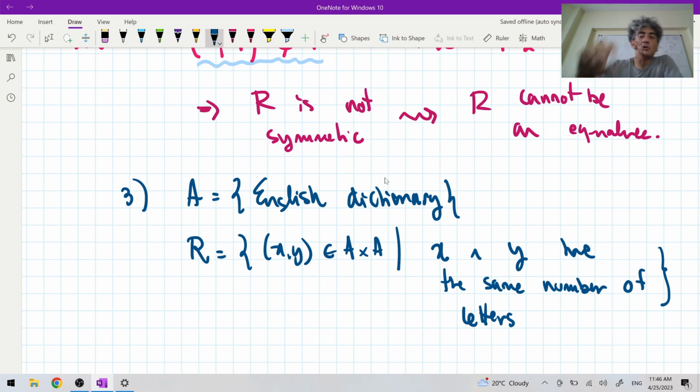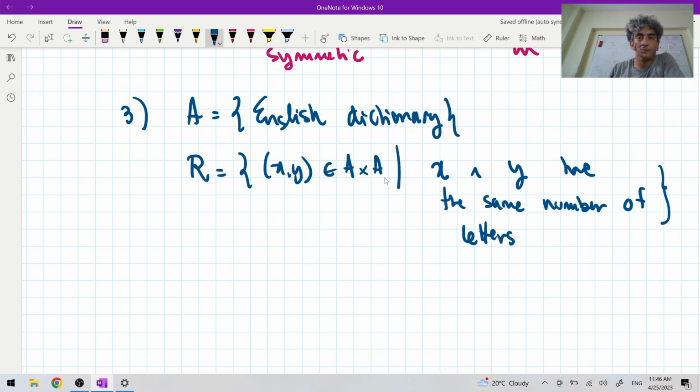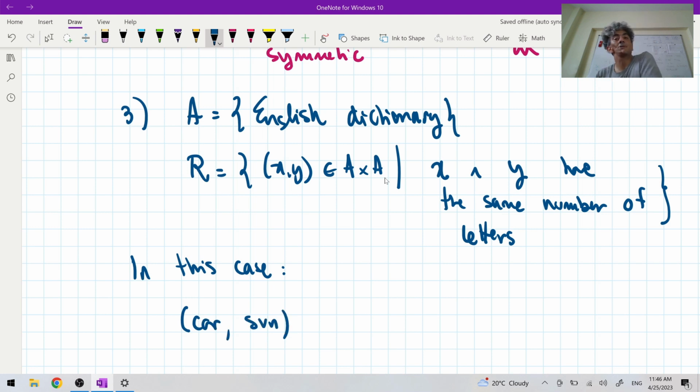Okay, so in this case, car and sun are related.